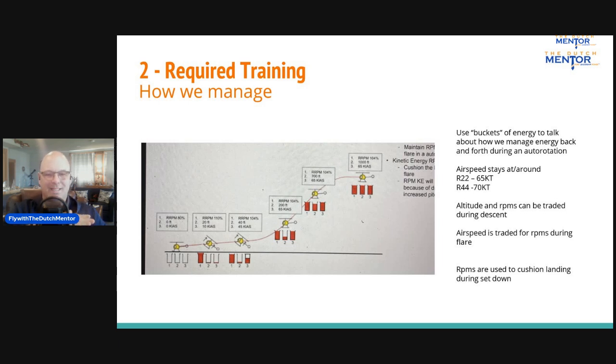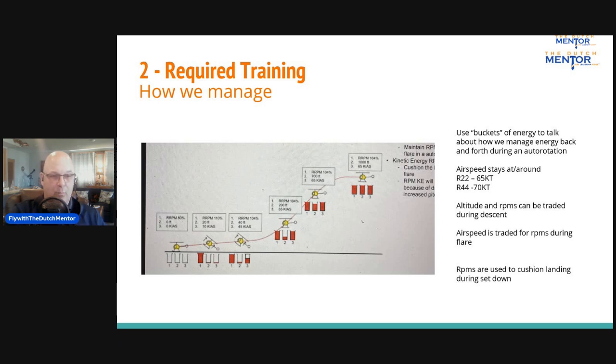In order to maintain the rotor RPM, we have to apply aft pressure while we still have the forward speed. As we're bleeding off forward speed, we are increasing or maintaining the rotor RPM. At some point, we're going to be running out of speed, and as we start to run out of speed, we want to level the aircraft, and then pull collective in order to have the softest possible landing.